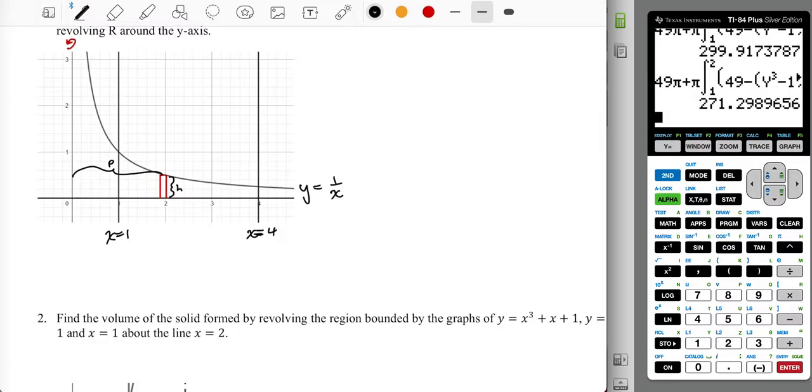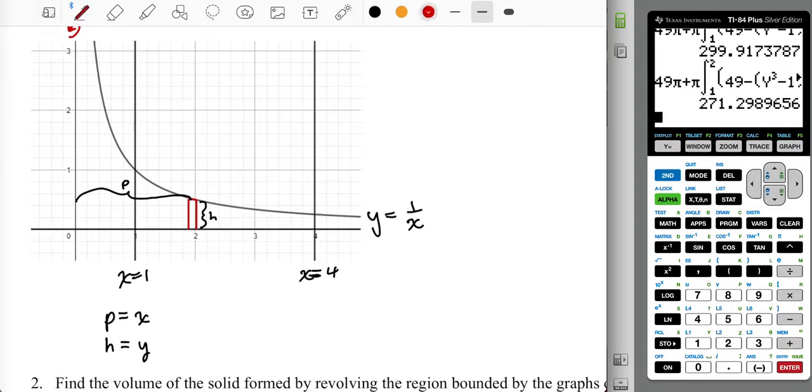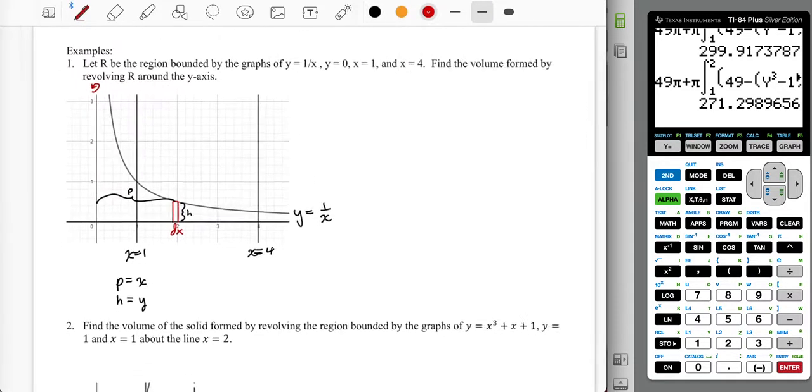The distance from the y-axis to a point in space, horizontal distance, is known as x. The height, in this case, is the distance from the x-axis to a point in space. The vertical distance is known as y. All right, the thickness is dx.